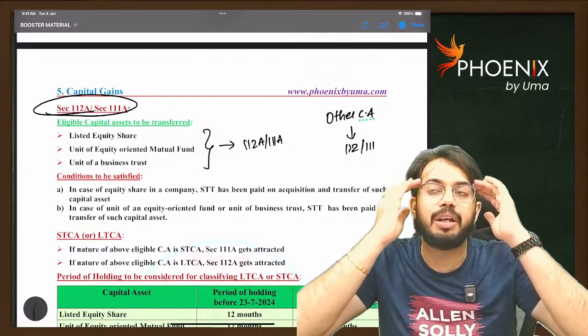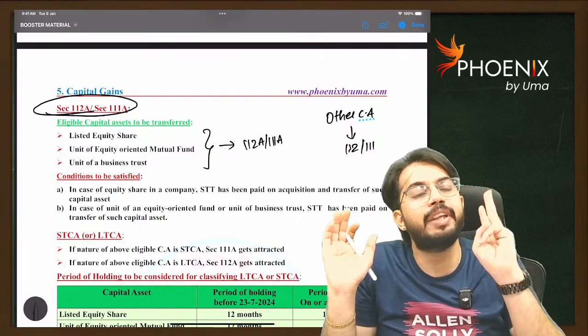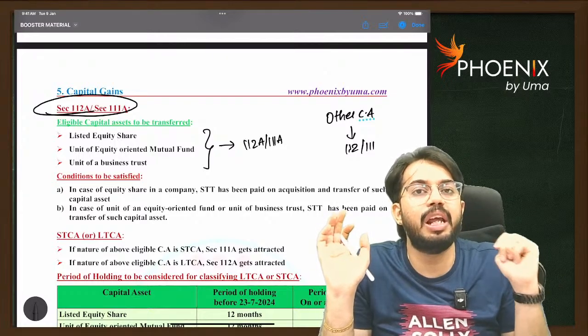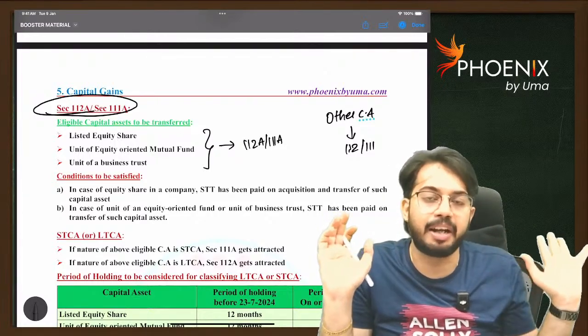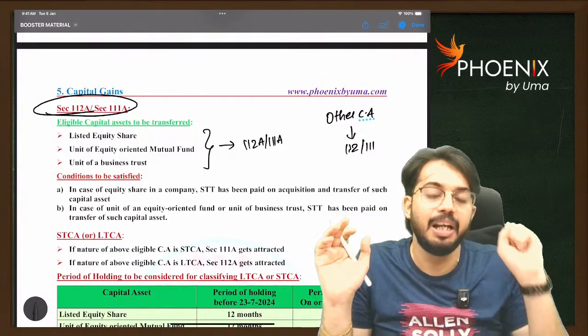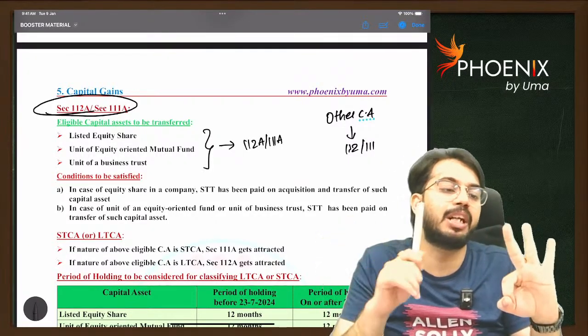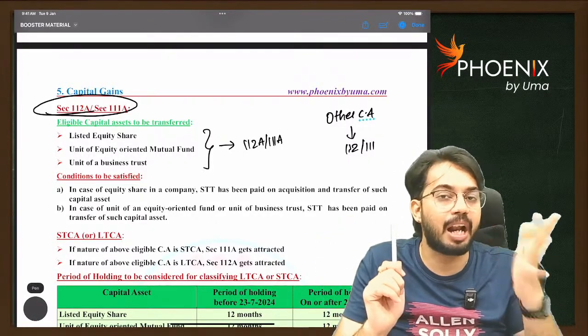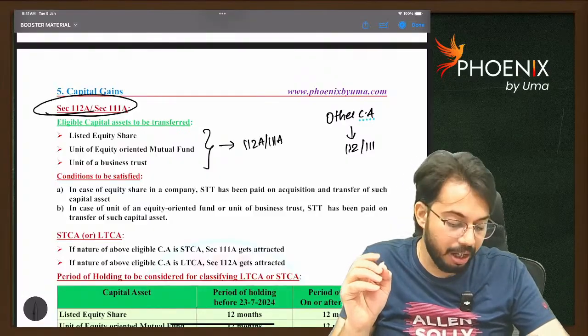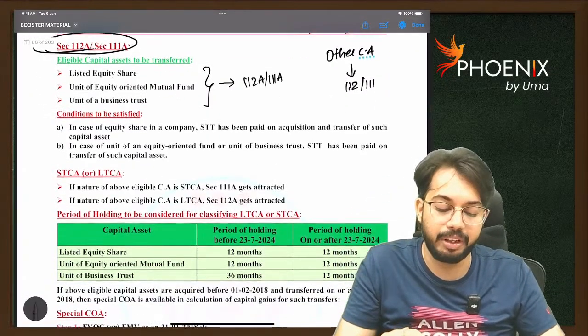So remember one thing: only if there are these three capital assets, then 112A or 111A gets attracted. What are those three capital assets? Listed equity shares, units of equity oriented mutual fund, units of business trust. If any one of them is transferred, then only 112A or 111A gets attracted.